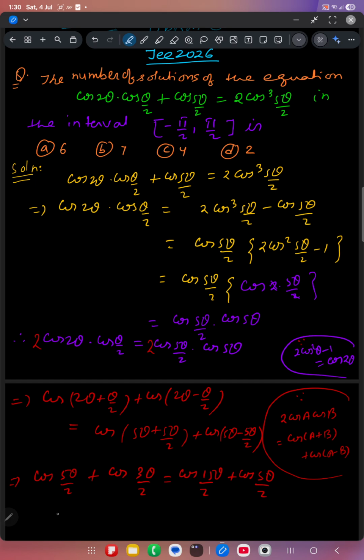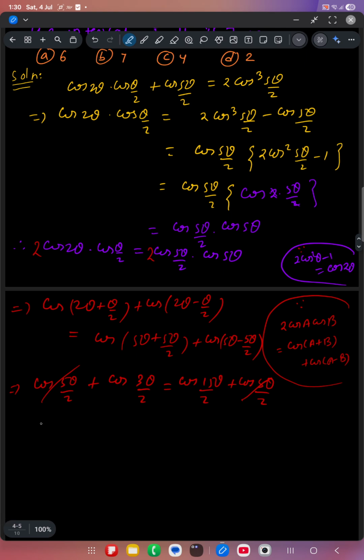Here 2 plus 1/2 is 5θ/2, and here 2 minus 1/2 is 3θ/2. In this way we are getting like terms with the same sign on both sides, so they cancel. So you are left with cos 3θ/2 is equal to cos 15θ/2.